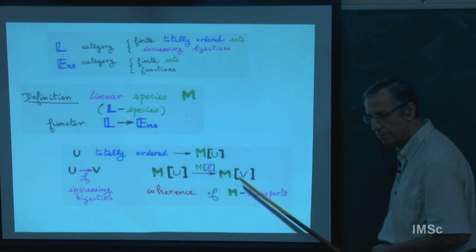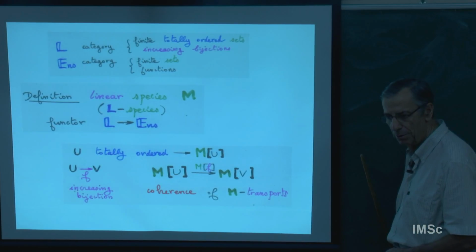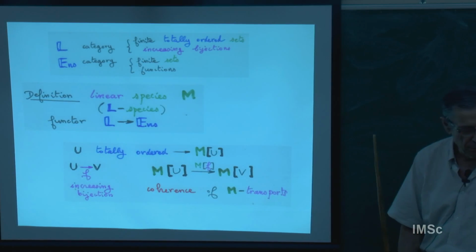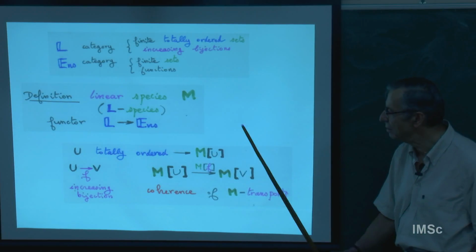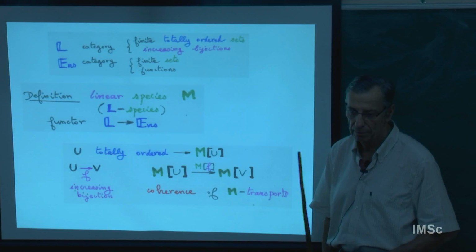And there is coherence of the M transport to be able to do the theory. So it's exactly the same as before for the set category, except that you have a total order on the set and the bijection must be increasing.